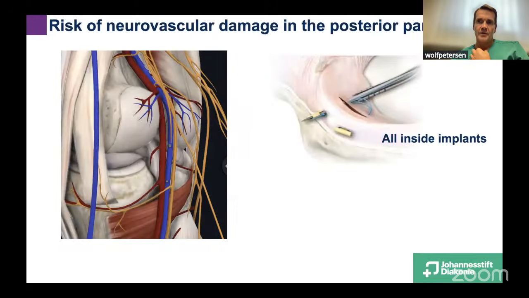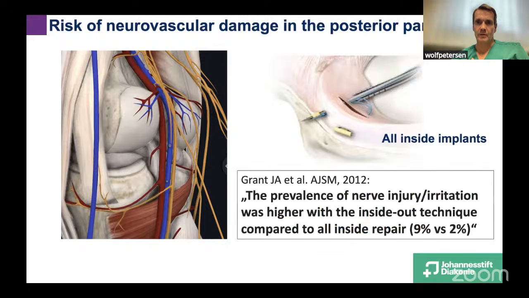To overcome the risk of nerve and vascular injury in the posteromedial and posterolateral corner, you can also use these all-inside implants. All-inside implants are mostly connected to a device, and they mostly consist of two PEEK anchors, which are connected to suture material with a self-blocking knot.